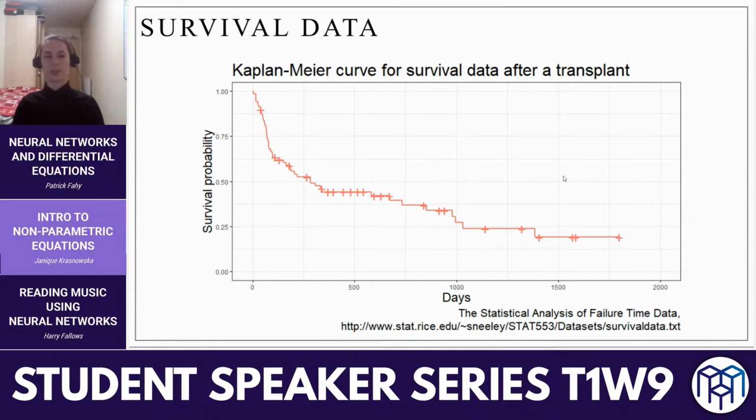So here we see the survival probability after heart transplant. We see that it drops in the beginning and then levels off the more time passes. On this graph we also see crosses on that line, and they represent something called censoring.